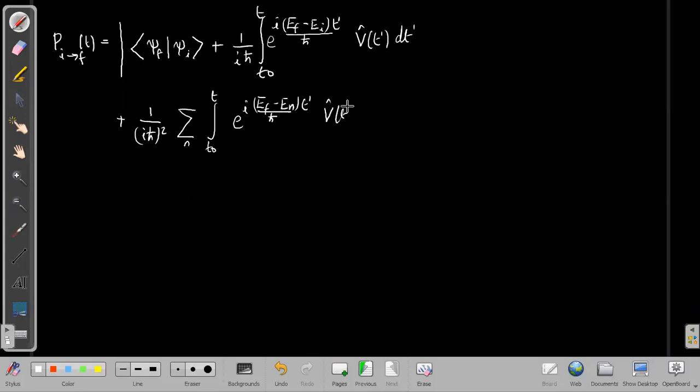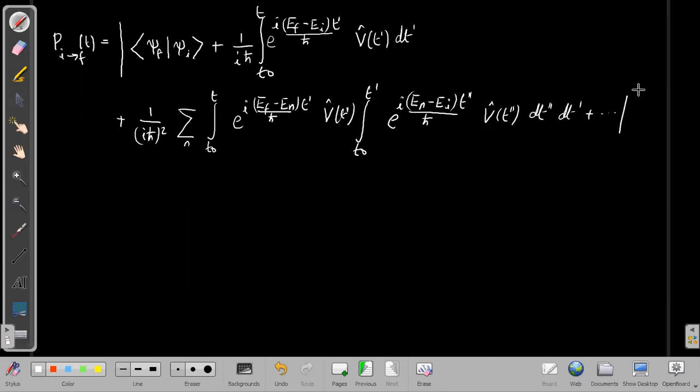Then V at t prime. Then again the next integral t0 to t prime, e raised to i (En minus Ei) t double prime by h cross, V at t double prime dt double prime dt prime, plus etc, mod square.